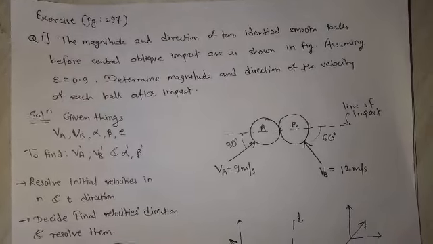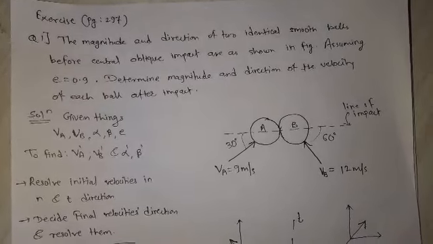As we know, the velocity change which is going to take place is only along this n direction. There will be no velocity change in t direction, as we had discussed already, as they have given that the balls are smooth, so no friction is going to occur. Only n direction velocities are going to change.